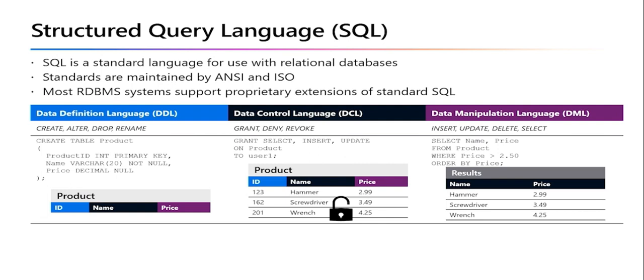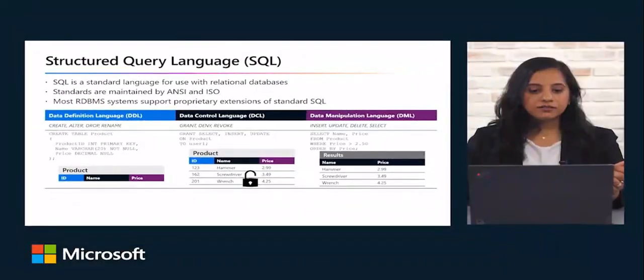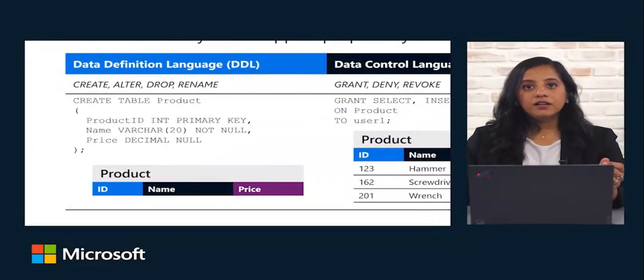For example, Transact-SQL, T-SQL, in Microsoft SQL Server-based systems, PL/SQL in Oracle, PostgreSQL. There are three broad types of SQL statements that can be used in a database system. Now focus here. These are the three things I want you to take away about SQL: DDL, DCL, and DML. Let's focus on them one by one.